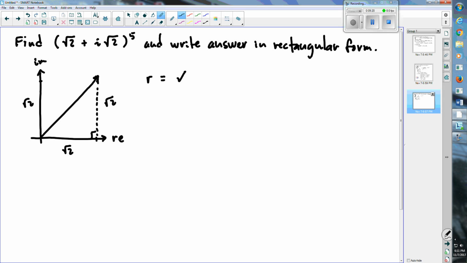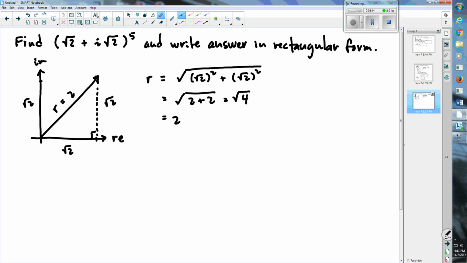To find the length of the modulus, or r, we take √2 squared plus √2 squared, just the Pythagorean theorem, which equals 2 plus 2. The square root of 4 is 2. So the modulus here again is 2.